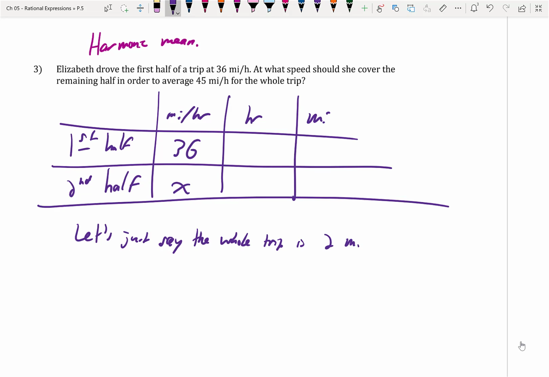It doesn't actually matter how many miles you have. And if you want to be completely precise, you say the trip is 2D miles, because you're going to watch your D's end up canceling, so it won't matter. But 2D would let you have a variable in there, so it just has distance in that. First half then gives me, if it's 2 miles, each half is 1 and 1.